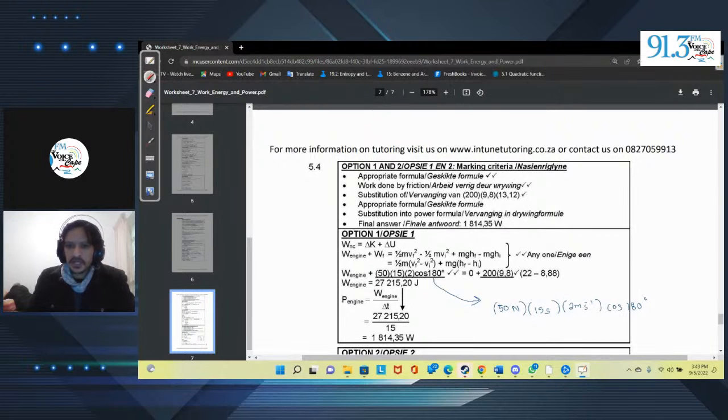Okay, so this is force times change in time times change in velocity. And that's times cos 180 degrees. And this equals the work done by friction. That's where this comes from. That's what that is over there.